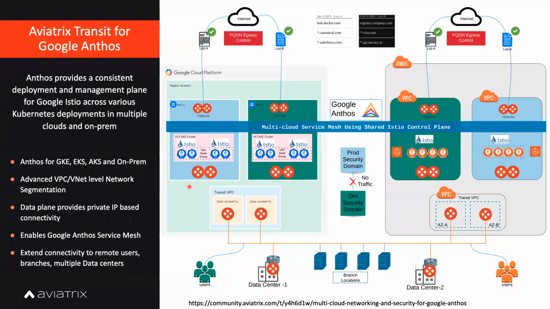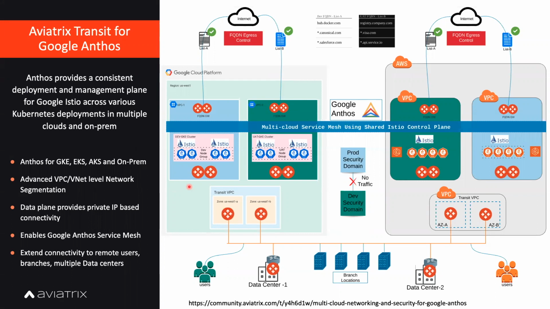But the reality is that you're not deploying your applications in silos, in one VPC or one VNet. Your applications are typically extended across multiple clusters. It could be in a different cloud. So who's going to provide the advanced networking and security service control for those types of workloads?